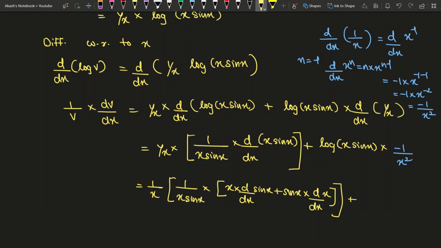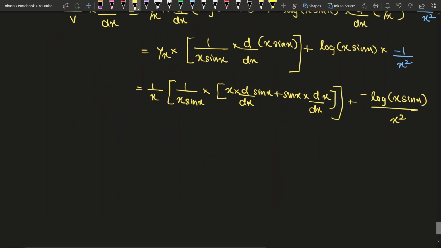That is over, plus logarithm of x sin x into minus 1 by x square. So the minus will come with x square. Clear?